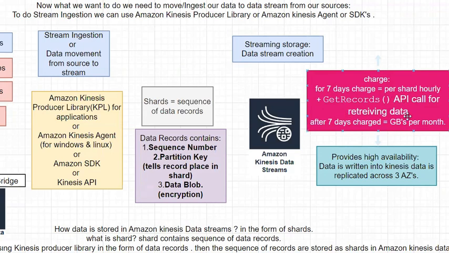So for retrieving your data, how many GetRecords API calls you made, for that also you will be charged, and hourly per shard, how many shards you created. After 7 days, you will be charged for how many GBs of data you stored per month. So like this, the charge is incurred after creating this data stream and putting your data.